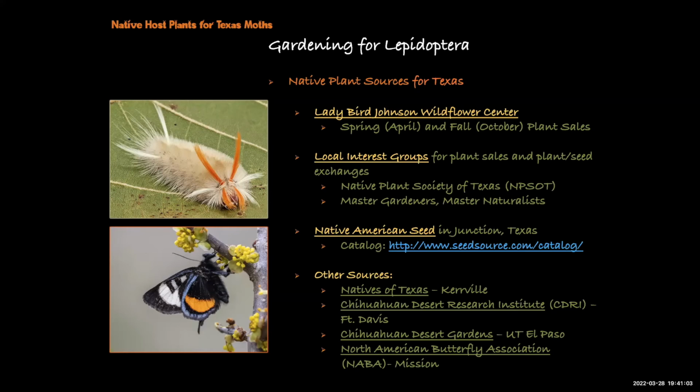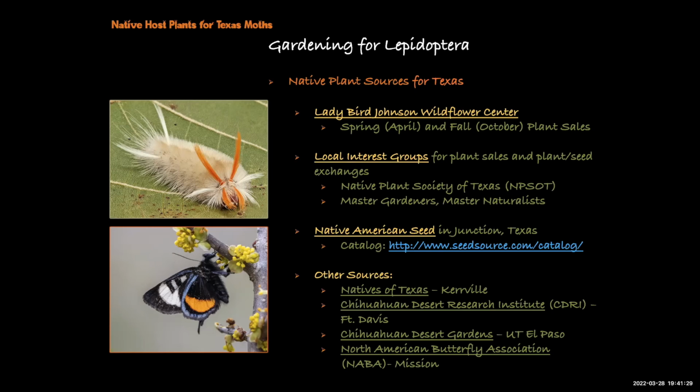Local interest groups such as yourselves, all the chapters of the NPSOT, Master Gardeners, Master Naturalists. Here in Austin, we even have an Austin Butterfly Forum where many people swap plants as well as caterpillars and cocoons. Native American Seed in Junction, Texas is a wonderful source for native seed if you haven't been familiar with them.